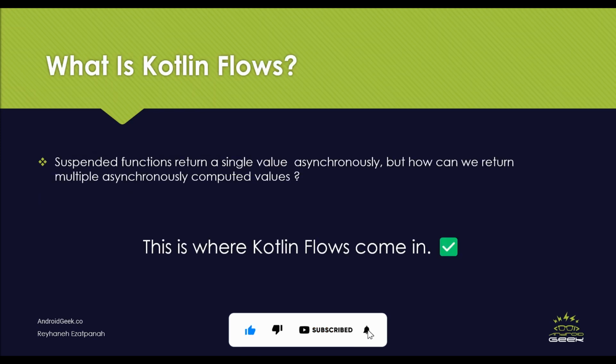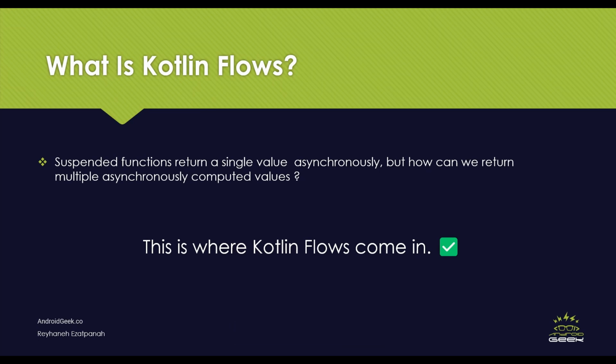So, the first question: what are Kotlin Flows? As you know, in coroutines, a suspend function returns a single value, but how do we return multiple computed values? This is where Kotlin Flows come in. The Flow type of coroutine can emit multiple values, unlike a suspend function that returns only one value.